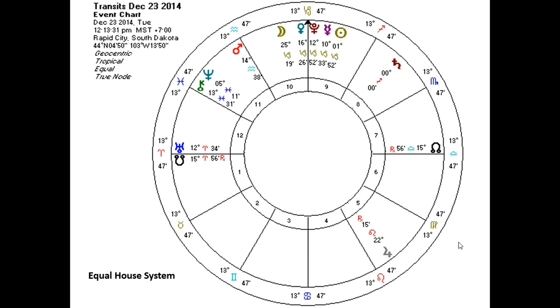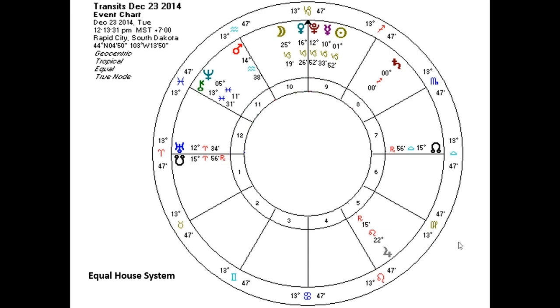The equal house system will find the ascendant, in other words, where that horizon lines up with the equator and the meridian, and then wherever that ascendant is, it just marks all the rest of the houses equally 30 degrees around the circle.